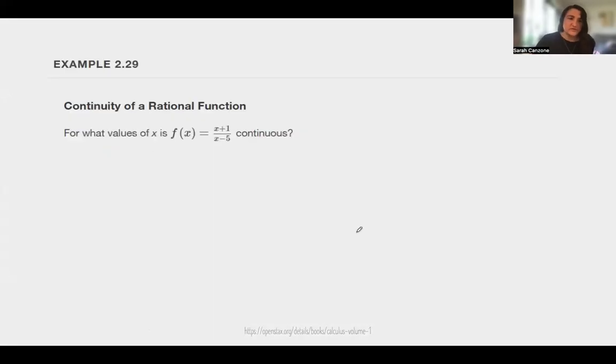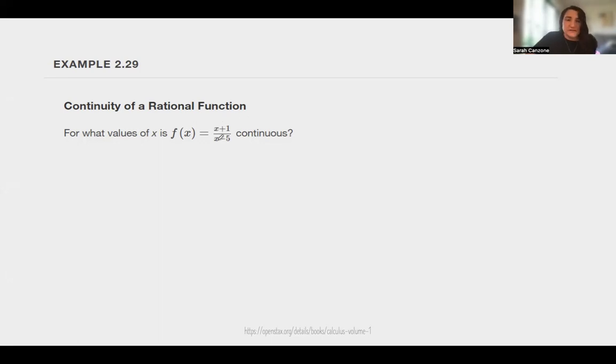So therefore, everywhere that is in the domain will be continuous. So let's look at some examples. For what values of x is f of x equals x plus 1 over x minus 5 continuous? The first thing we would typically want to do is see if there's any way we can factor and cancel any values. X plus 1 and x minus 5 are the simplest that it can be already. We can't simplify them because they're already linear functions by themselves.